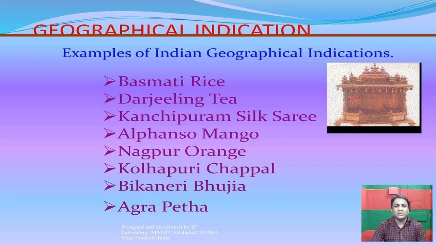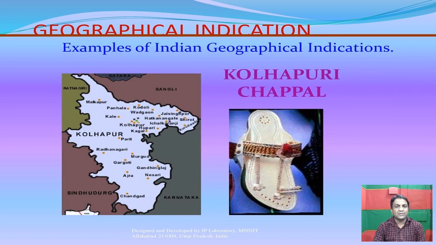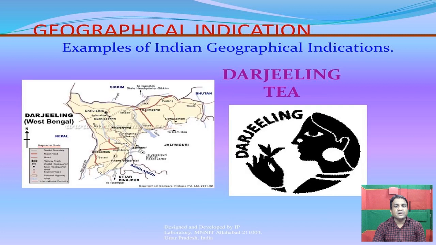These are the examples. We know that whatever the regions are, they are identified by particular items, a particular agricultural good, manufactured good, or natural good. Other examples of Indian geographical indications: Kolhapuri chappal, then Darjeeling tea.